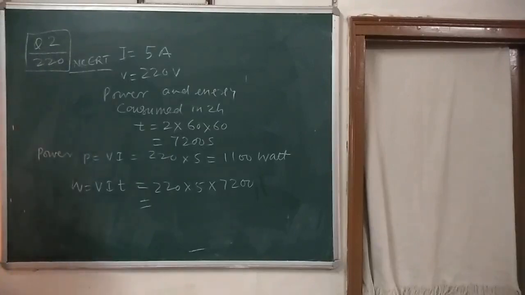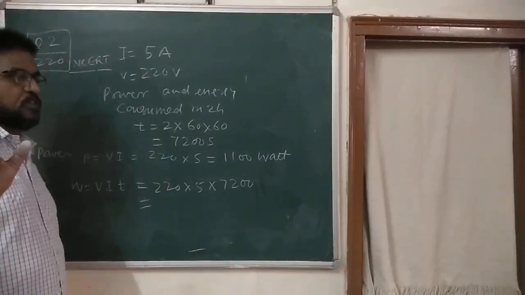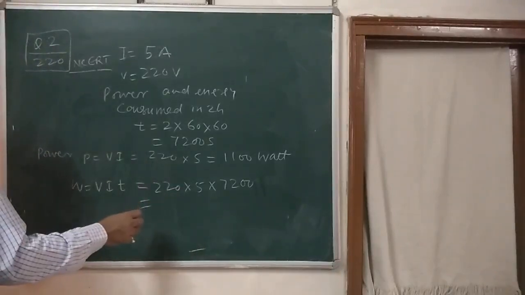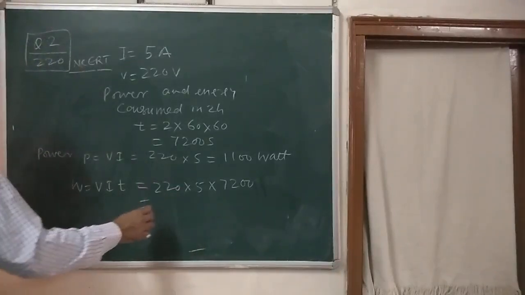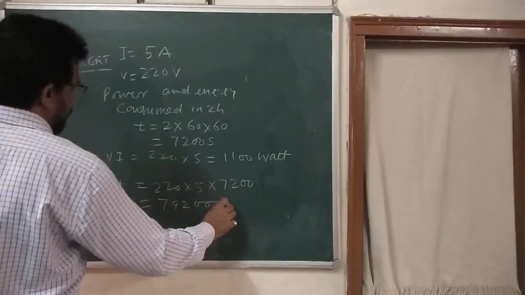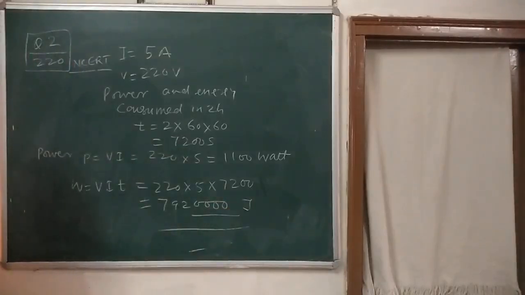No problem to solve the numericals. If you don't know the formula, then all the numericals are very difficult for you. Is it clear? Now multiply it, then you will get 7921234. This is in joule. So this is the way to solve the problems.